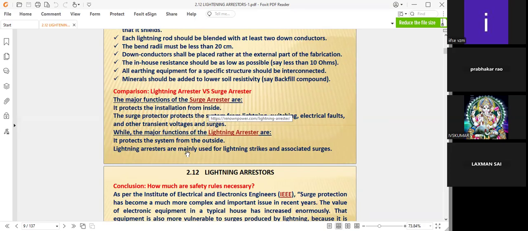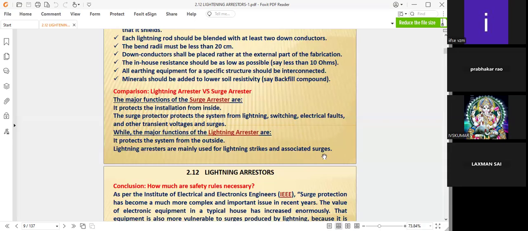Lightning arresters are mainly used for lightning strikes and associated surges. Associated surges means not only lightning, but also atmospheric and environmental changes, such as during the rainy season. Even from the receiving substations, the current itself can carry surges, with sudden high voltage.